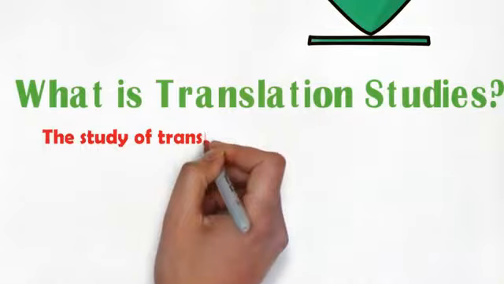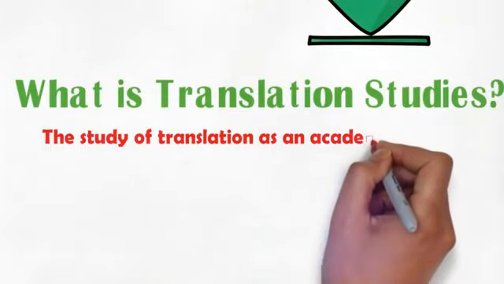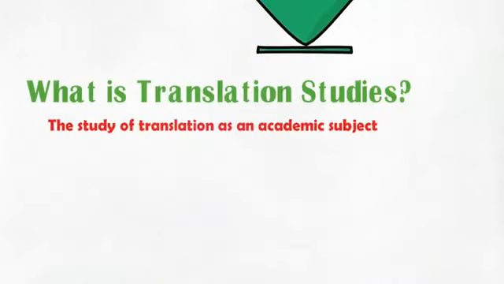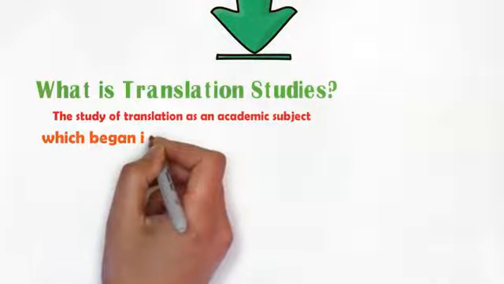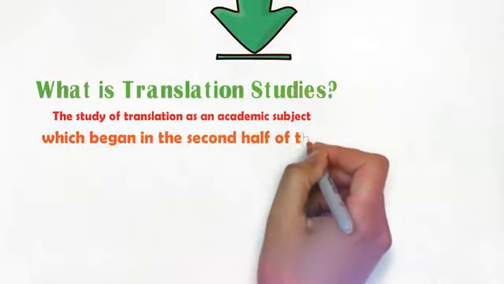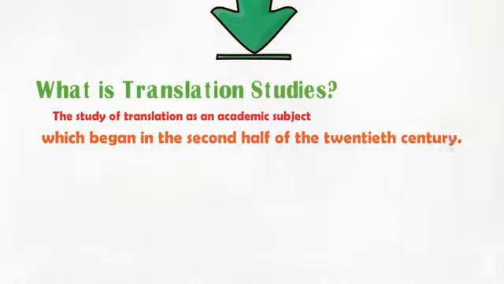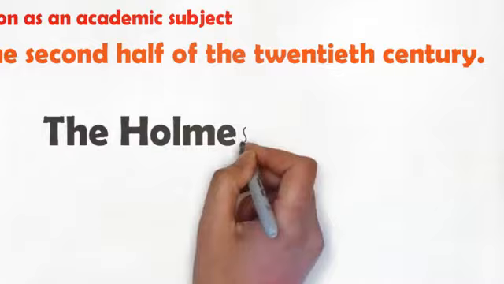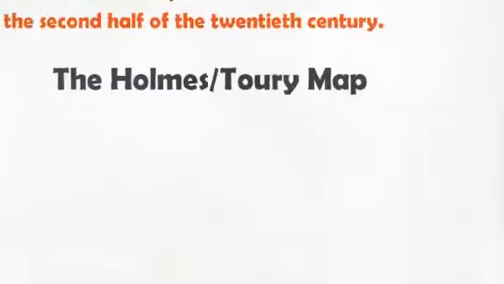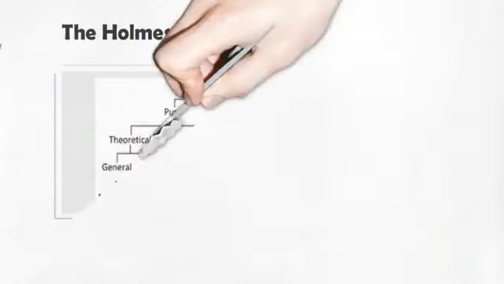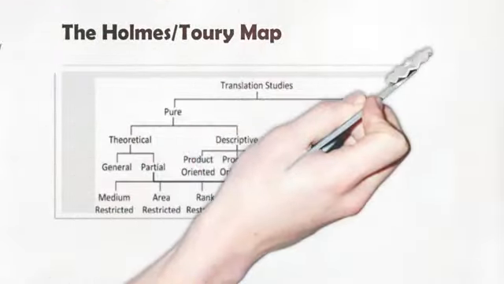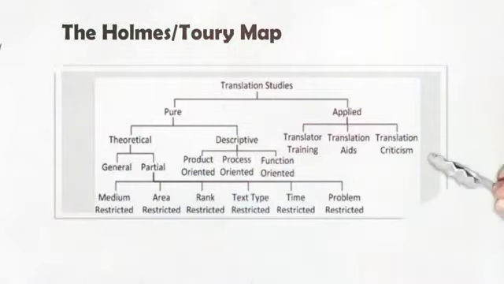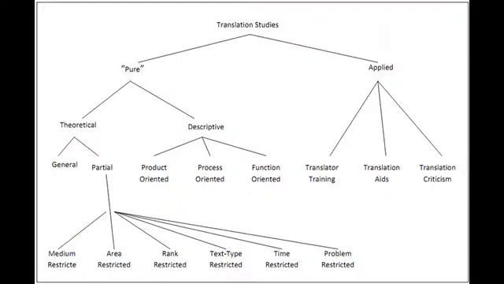The study of translation is an academic subject, which began in the second half of the 20th century. The whole story map. Concentrate, please. This is the map designed by Holmes and Toury. Translation studies are divided into pure and applied.